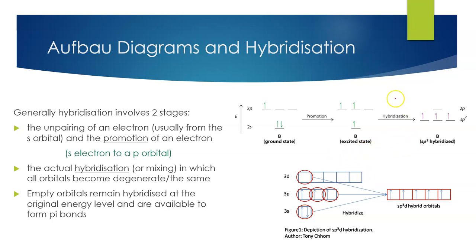So let's have a look. Here we have this one in the ground state. We get unpairing and promotion of this. So now we have one here using our Aufbau diagrams and two here. These are our p orbitals and our s orbitals. The hybridized orbitals are between the energy of the s and the p.